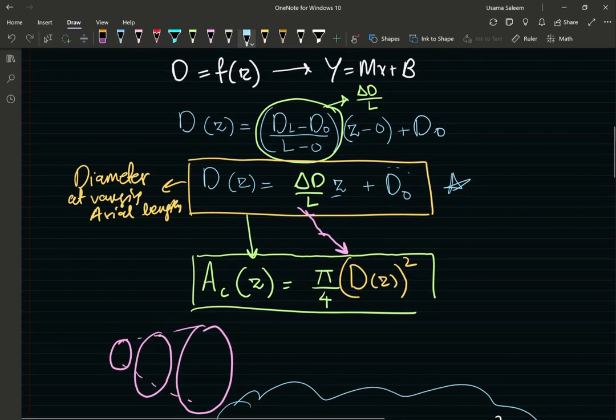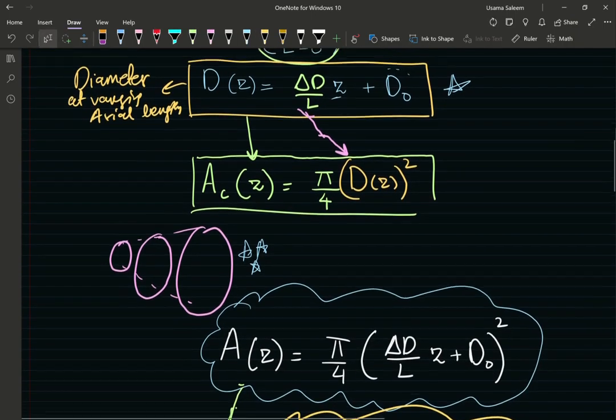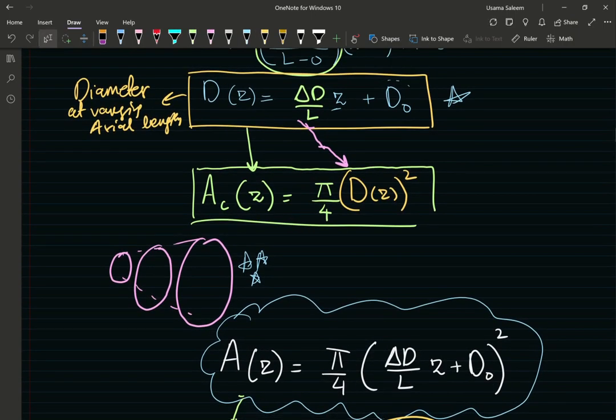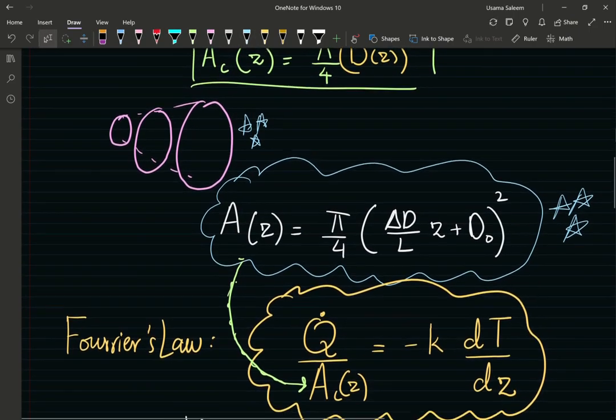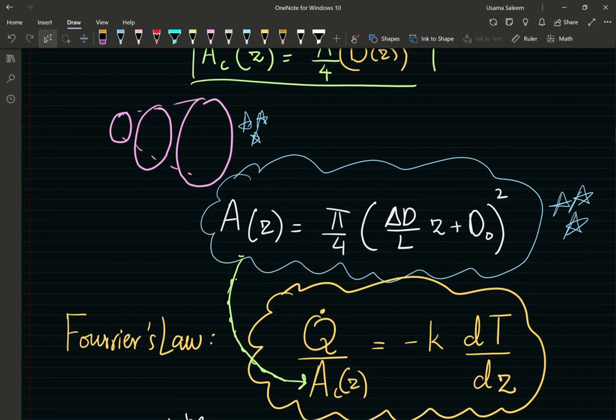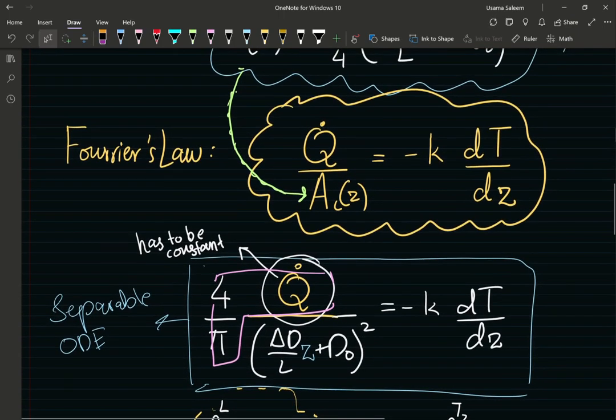the axial length. This is my doodle. This is my okay-ish doodle. And area, we had the expression for area, the variation in the cross-sectional area along the axial length. Good. And this is Fourier's law. Keep in mind I'm not assuming constant area at this point. So upon integration, that's a mess.